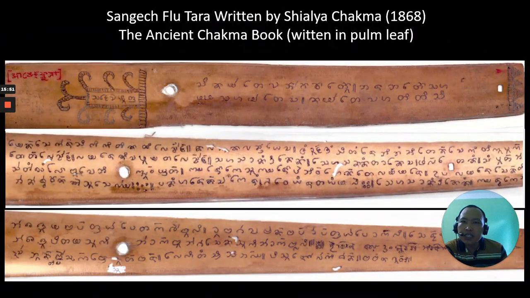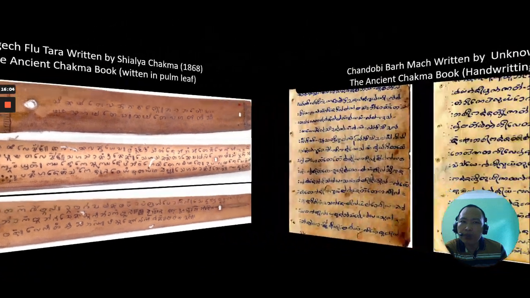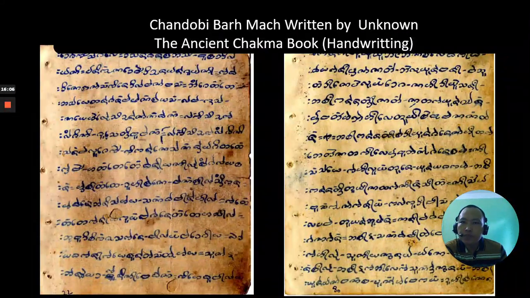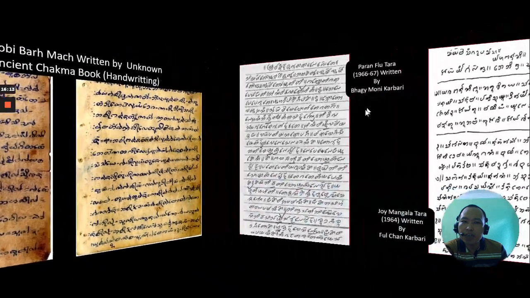This is the Sangits Flutara written by Selya Chakma in 1868. This is our Chakma handwriting style. Chandobi Baromas, unknown writer. This is the handwriting style. It is the old style.